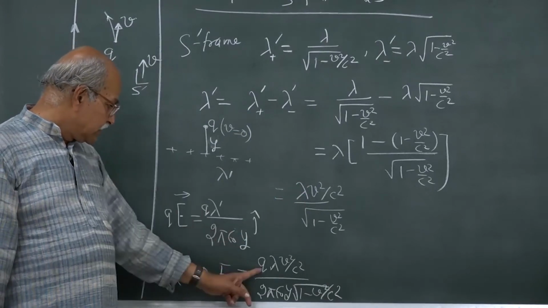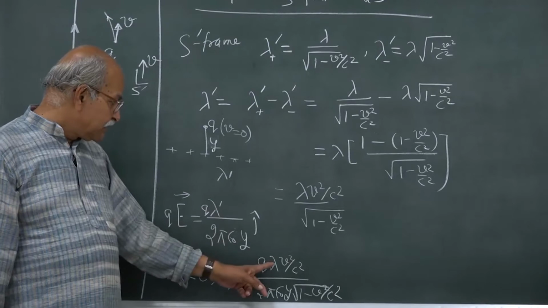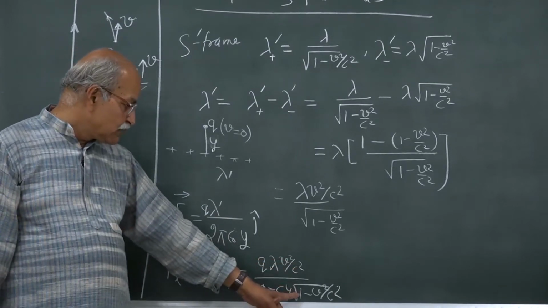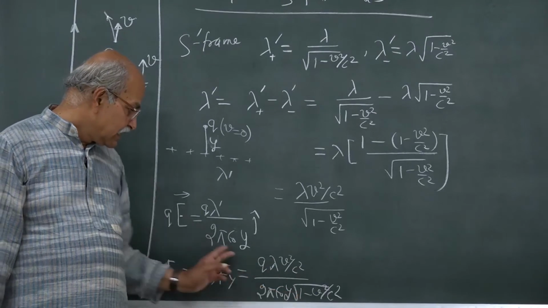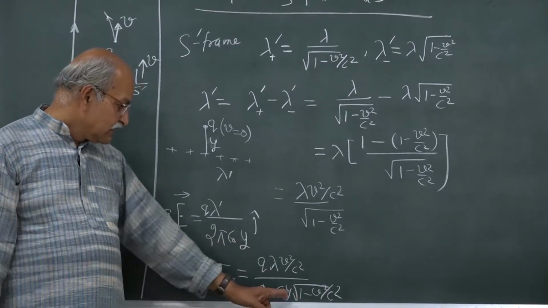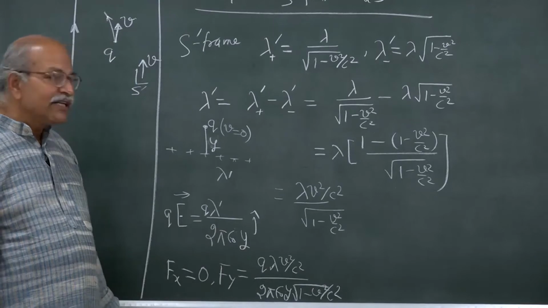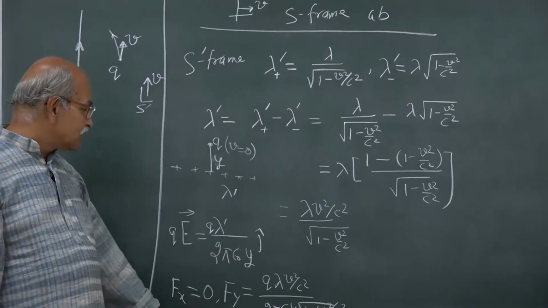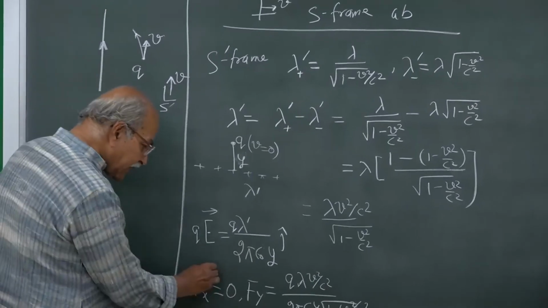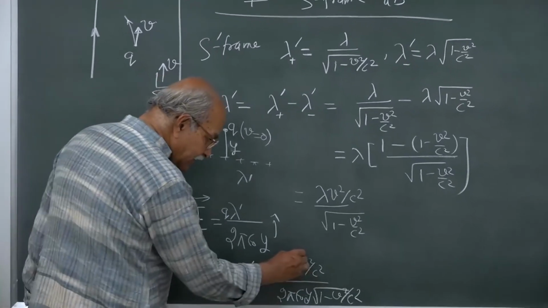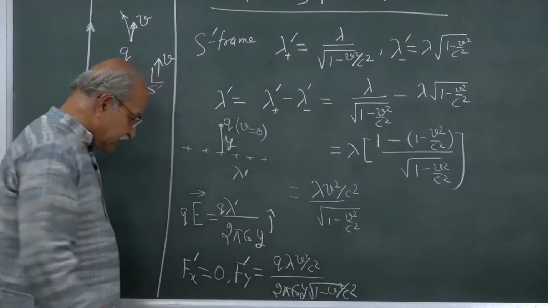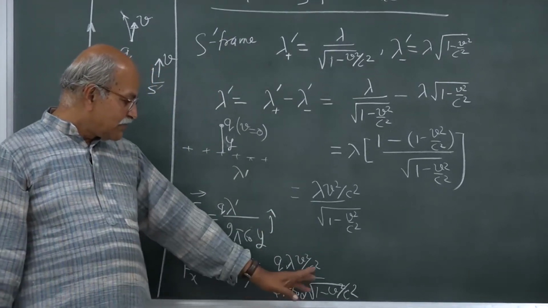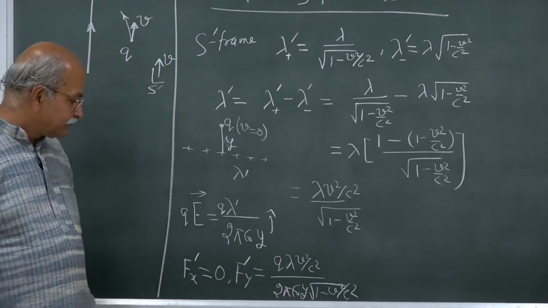So, q is here, lambda prime is lambda v square by c square divided by square root 1 minus v square by c square, and this 2 pi epsilon naught y is here. So, that is Fy, and Fz is 0, and all these are in primed coordinates, S prime. So, let me put prime here, and that is it. Fx prime is 0 and Fy prime is this. y and y prime are the same, so I can leave it here.